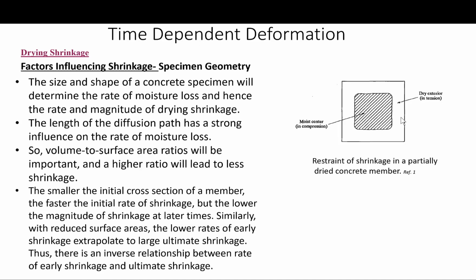So tensile stresses will be set up in the outer part of the prism, the one you're looking at. And microcracking is likely to occur unless the stress is relieved by tensile creep, as we will see later. So either creep or microcracking will act to reduce the observed shrinkage.